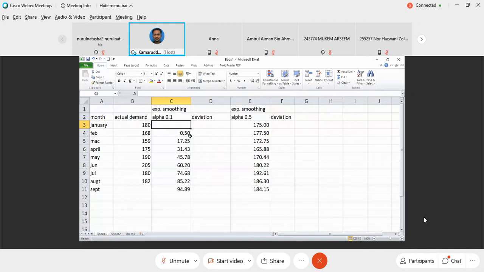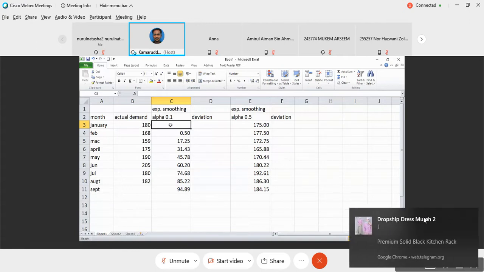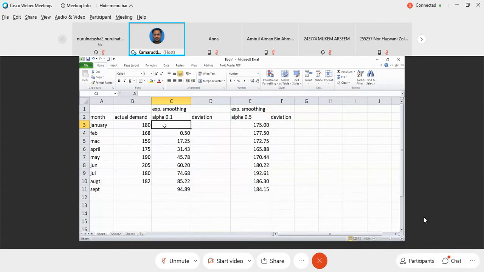So the rule of thumb here is that the forecast in January will be equal to the actual demand, 180.